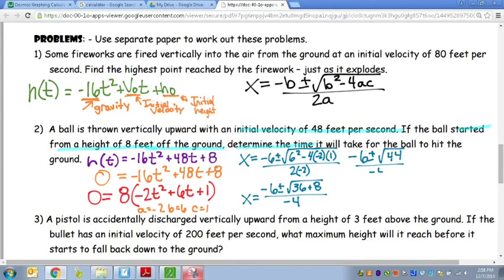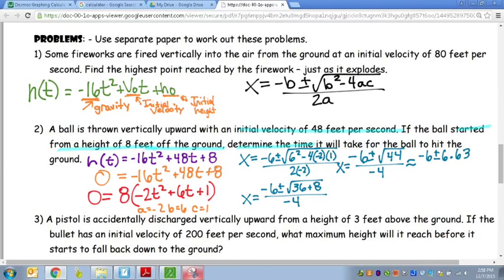Over negative 4. Okay. Now, usually Mr. Schwann would say, I don't want decimals. However, when I'm dealing with real-life problems such as projectile motion and quadratic modeling, I do actually want you to take a decimal this time. So I'm going to take the square root of 44, and that's going to give me something like, so negative 6 plus or minus 6.63 is what we'll say.